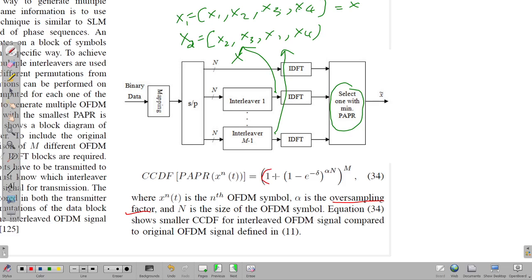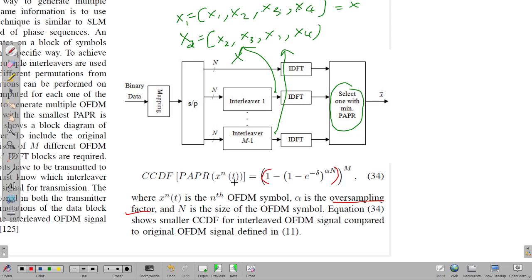So this term, 1 minus e raised to minus del, whole raised to alpha n, is the CCDF of PAPR of a typical OFDM signal without any PAPR reduction technique.